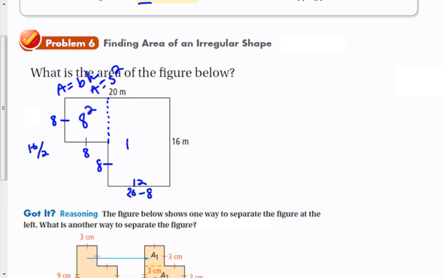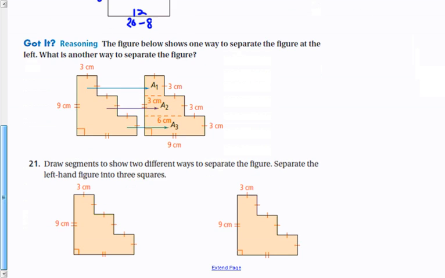So I need to do 12 times 16 here, which I think would be 192. Then I'm just going to add the 64 plus 192 to get my total, which is 256. And that would be in square meters, since I'm finding area. All right, you try that.